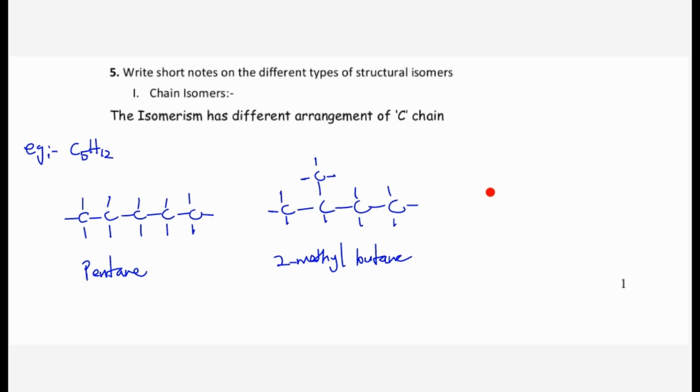And the third isomer is 2,2-dimethylpropane. The main carbon chain has 3 carbons here. These are chain isomers. You can copy this example, and don't forget the hydrogens.